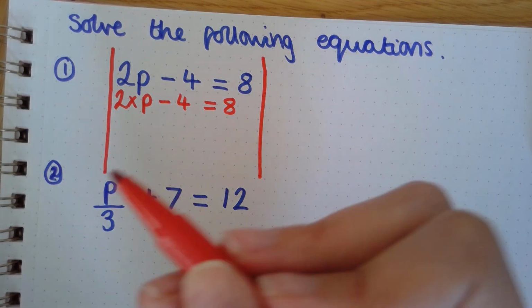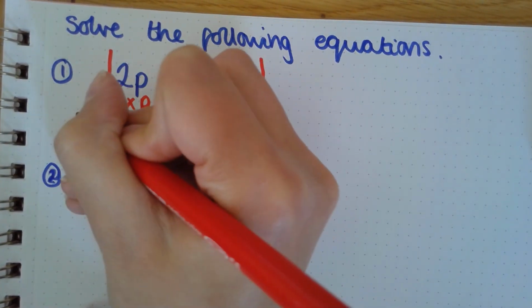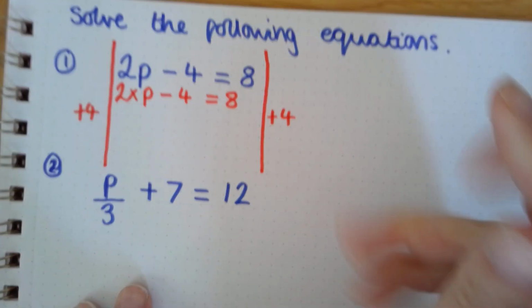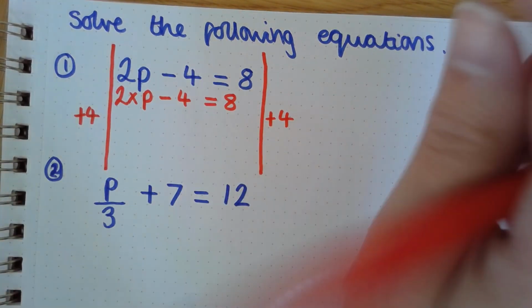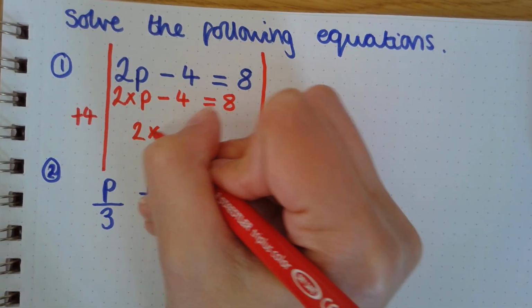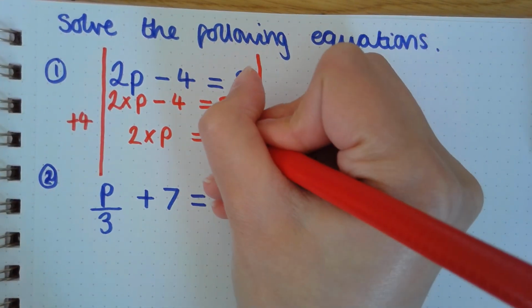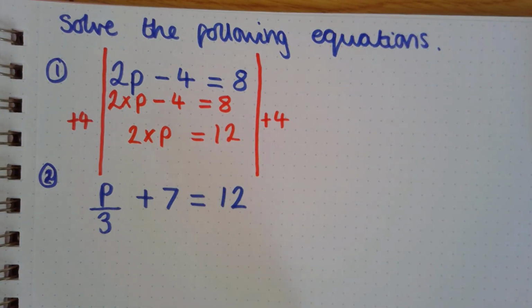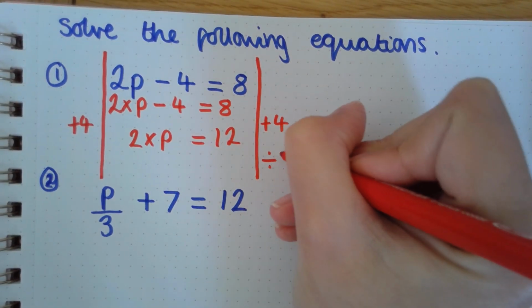So we're going to work backwards. Instead of taking away 4, we're going to add 4. Take 4, add 4, cancel each other out. You're just left with 2 times P equals 8 add 4 is 12. And then the opposite of times by 2 is divide by 2.